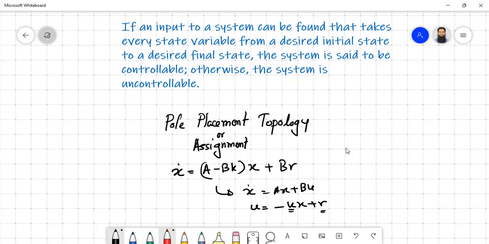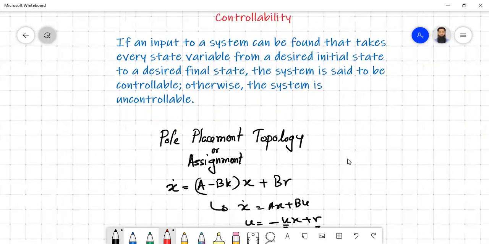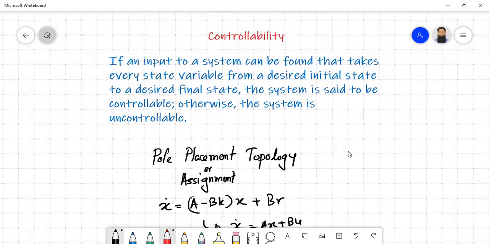Whether we can apply this pole placement technique to each and every system or not, for that this topic is introduced, that is controllability. If the system is controllable, only then can this pole placement or pole assignment topology be applied to a system. Now come formally to the definition.